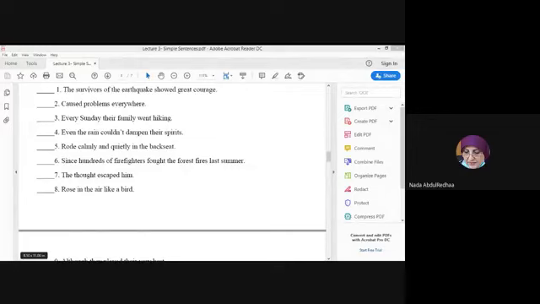Okay? Yes. The thought escaped him. The thought escaped him. Yes, miss. It is a simple sentence. Where is the verb? Because there is a verb under the subject. Where's the verb? The thought is the verb? Him means he.